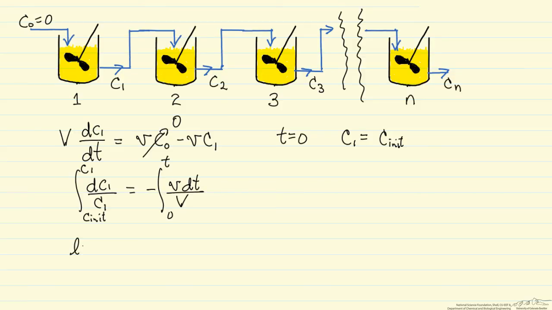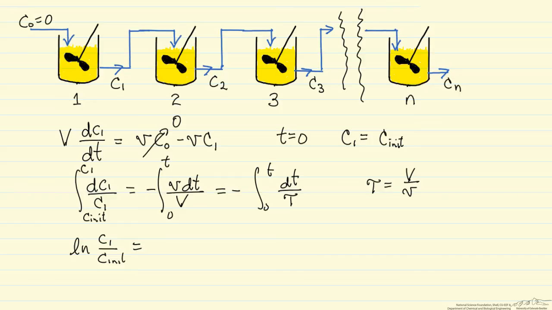And so the left side, if we integrate, we get a log of C1 over C initial. The right side, first I'm going to write this as the integral of dt over tau. So tau is the space-time, volume over the volumetric flow rate, which has units of time.